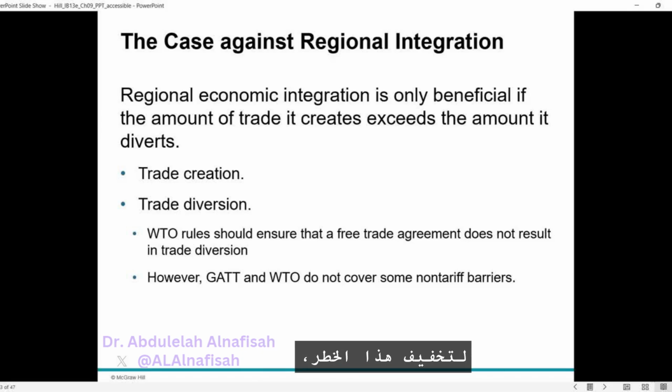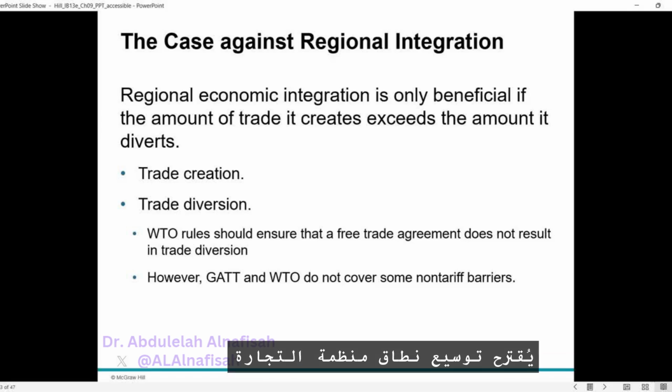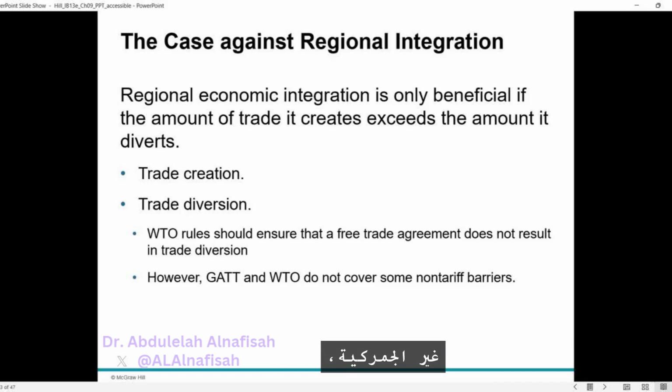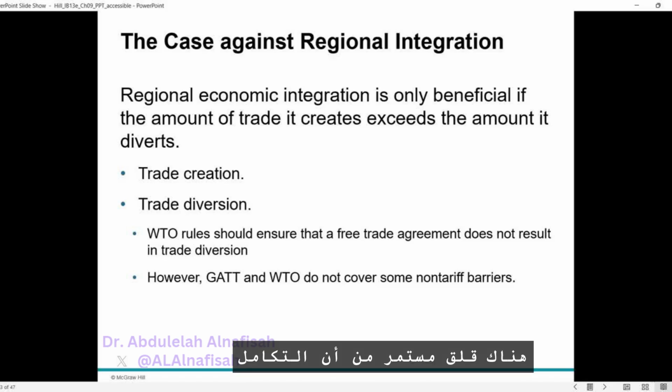To mitigate this risk, expanding the WTO's scope to address non-tariff barriers is suggested, although this prospect remains uncertain. Consequently, there is a lingering concern that regional economic integration could inadvertently result in trade diversion.